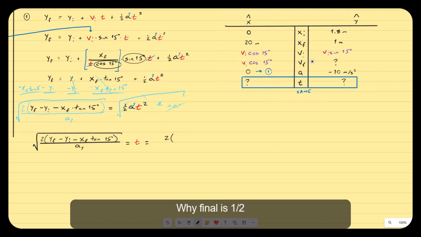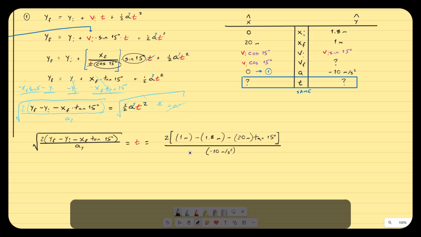Two times y final is 1 meter, minus y initial, minus x final times the tangent of 15 degrees, all divided by my y acceleration, all under a square root.